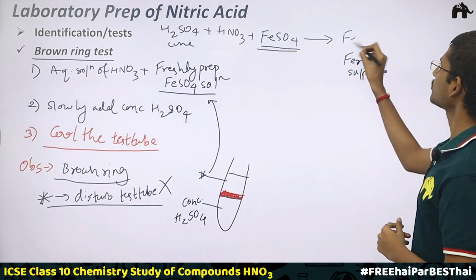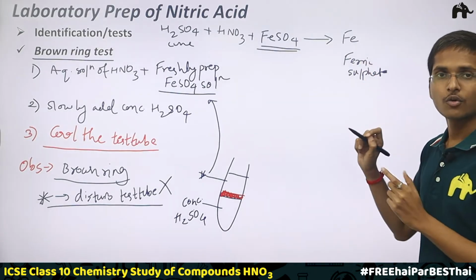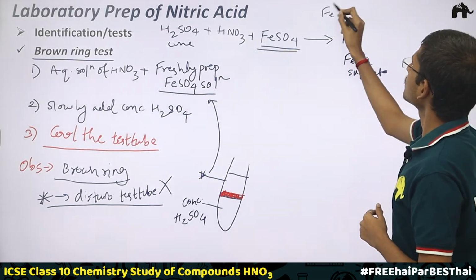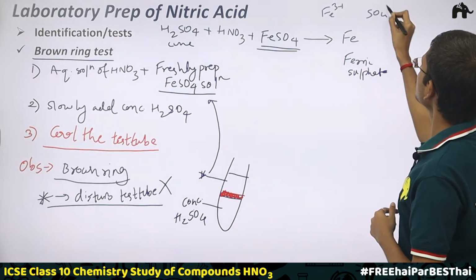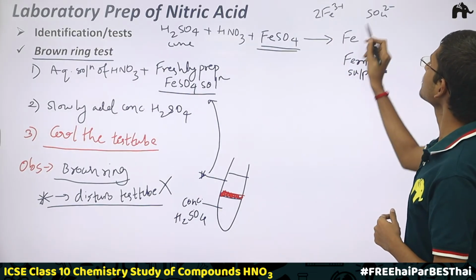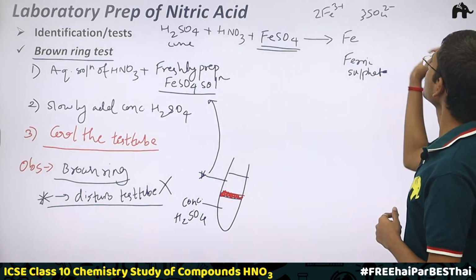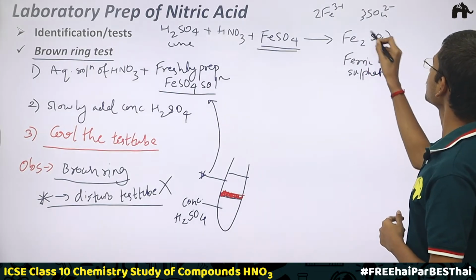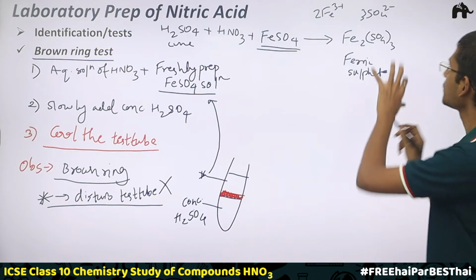Now let's write the formula. Ferric is 3+, so Fe3+ and SO4 2-. I need to balance them, so 2 3s are 6 plus, 3 2s are 6 minus. So Fe2(SO4)3 would be the formula. So this is the ferric sulfate which would be formed.